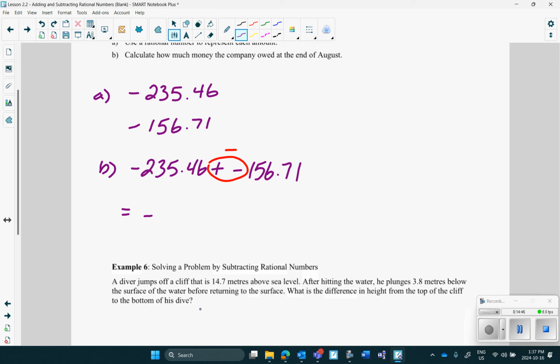I think you added. Almost. You missed something at the beginning. Oh, negative. Negative 392.17. And don't forget the dollar sign. Again, you gotta watch those negatives.